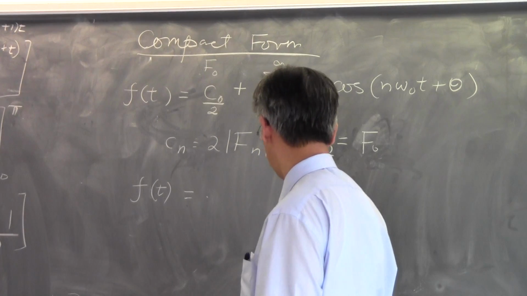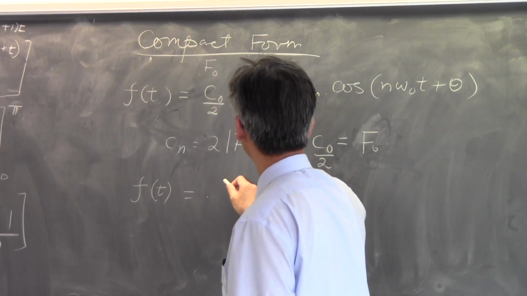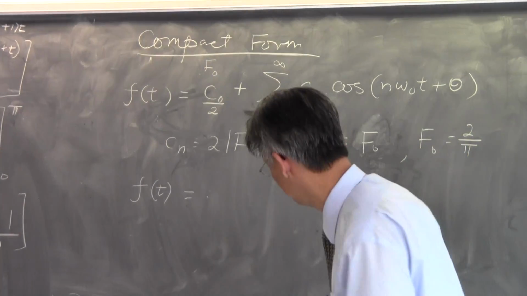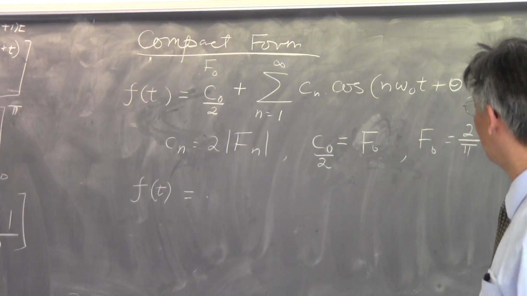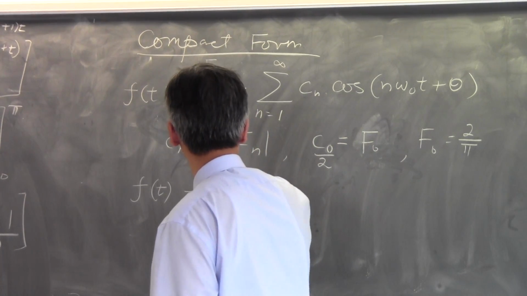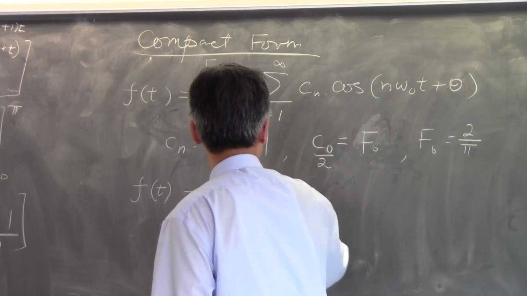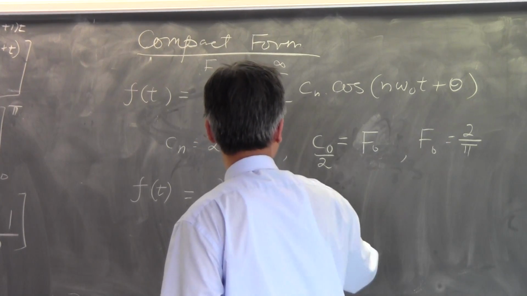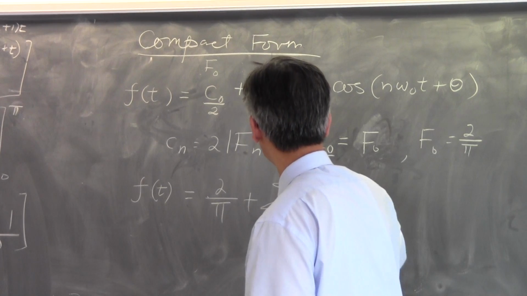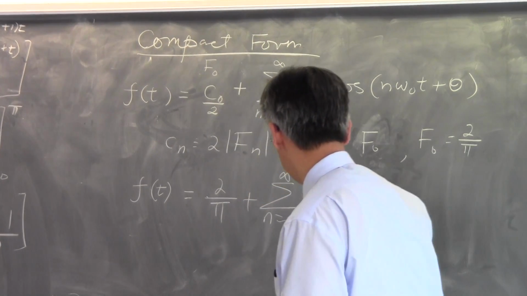F0 is equal to 2 over pi, from this answer over here, setting n equal to 0. So C0 over 2 is just F0, which is 2 over pi, plus the sum from n equals 1 to infinity. Cn is equal to 2Fn, so you put a 2 there, and then your Fn is this one over here.